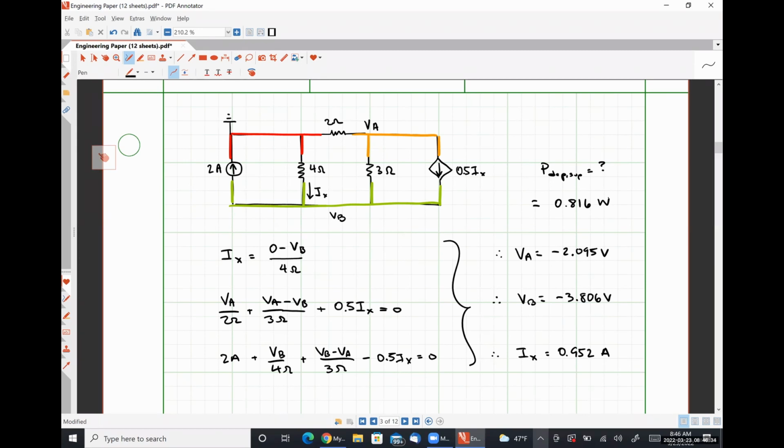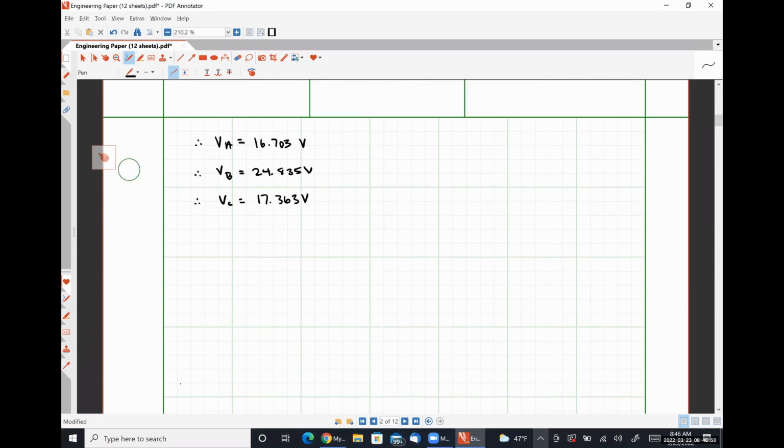So I believe I understand why we chose IX equals. However, for the first example, I don't think I understand VX equals VC. All right, let's go back to that real quick.